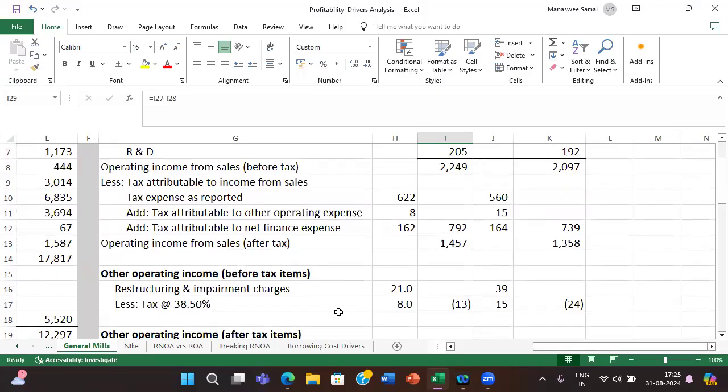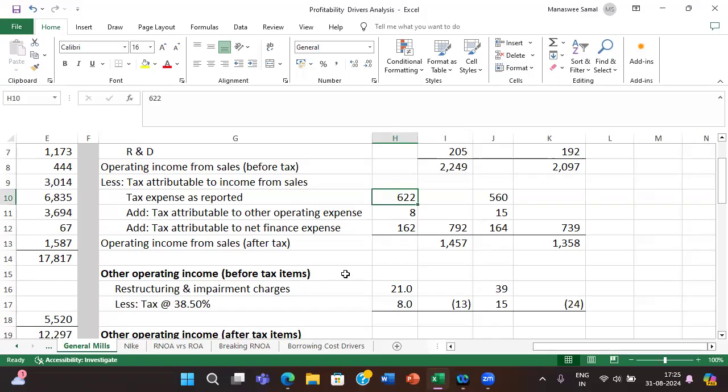There was no financial expense, there was no financing income. And obviously, the tax benefit on NFE would have been zero. If it is zero, then it should have been 622. But it is not zero. There is NFE, positive NFE, meaning that has helped the tax expense of the company to go down because of the tax shield on the NFE figure.